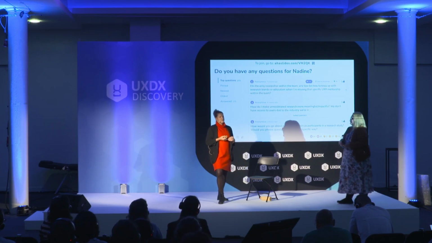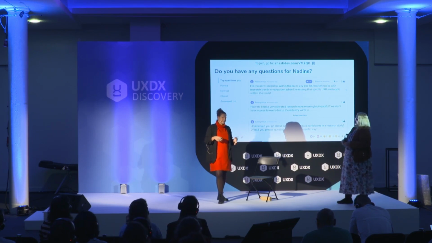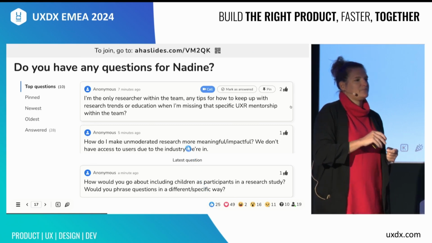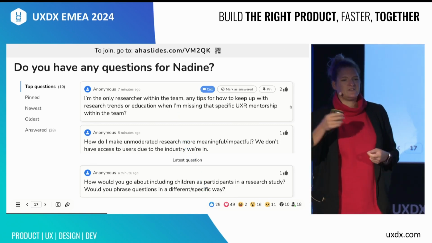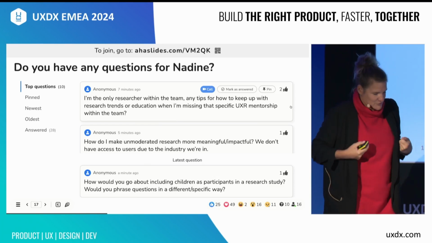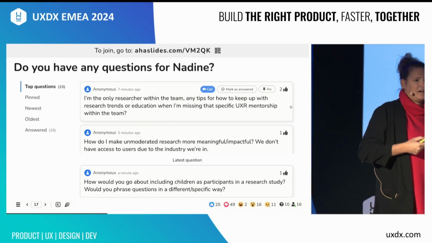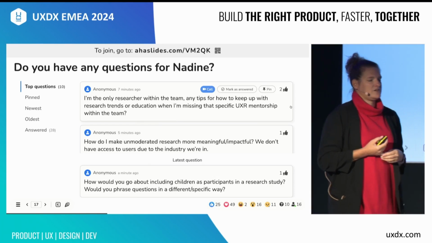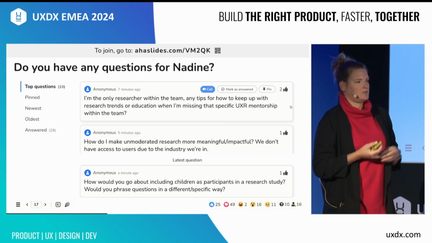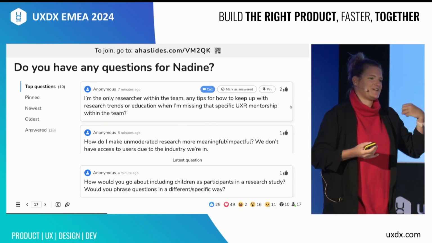Even if you're the only one with the title of UX research, you are probably not the only one who loves UX research, because amongst designers and PMs and engineers, data analysts, I find a lot of people with a true internal interest and really engaged in user research. So you might be the only one with the title, but not the only one who feels like a researcher and thinks like a researcher.